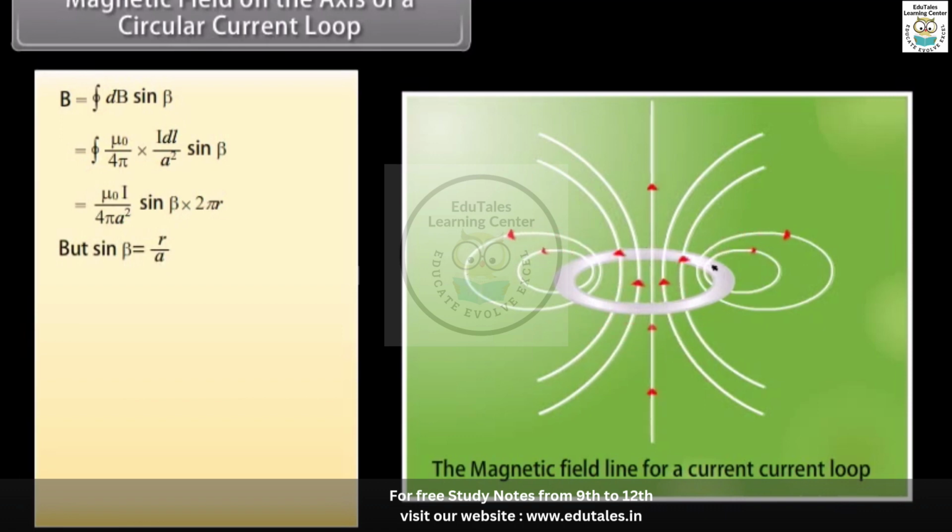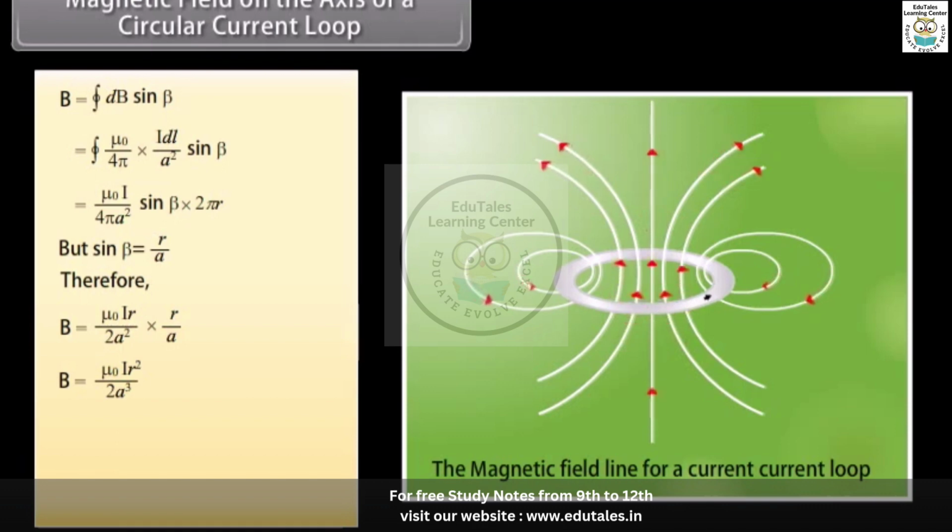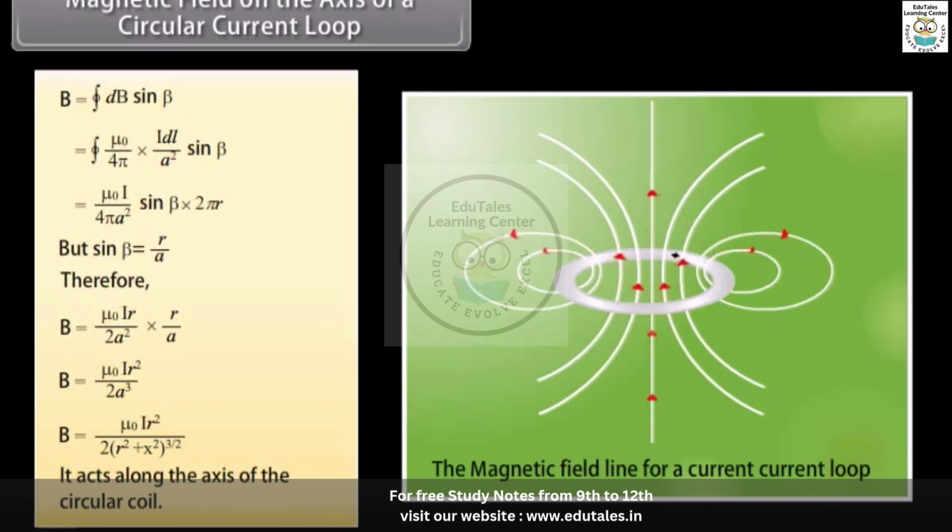But sine beta is equal to r upon a. Therefore, total magnetic field at P is equal to mu naught I r square divided by 2a cube. We can also write this equation as mu naught I R square divided by 2 times R square plus X square within parentheses raised to the power 3 by 2. This magnetic field acts along the axis of the circular coil.